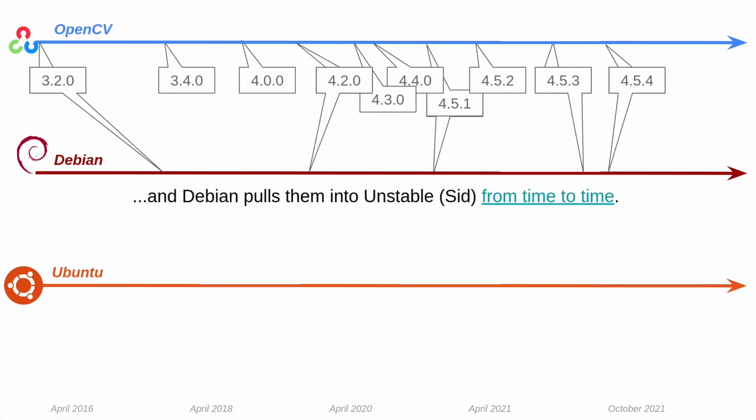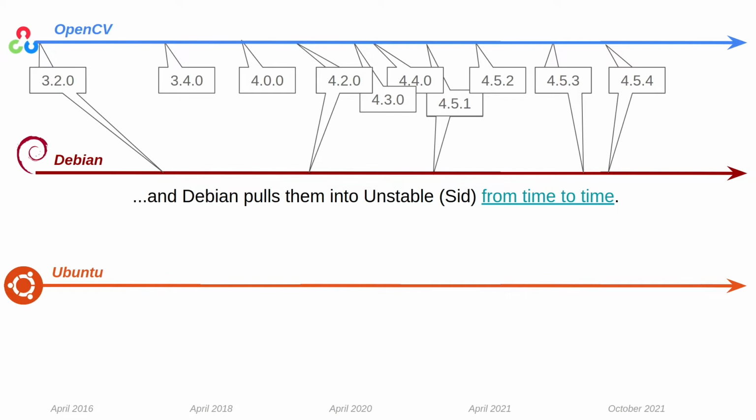Every once in a while, Debian pulls down the updated code from OpenCV. They'll just simply pull from the Git repo through GitHub, and bring that into the Debian source tree. This actually goes into Debian Unstable, which is also known as SID. So I feel unstable from time to time, whatever.